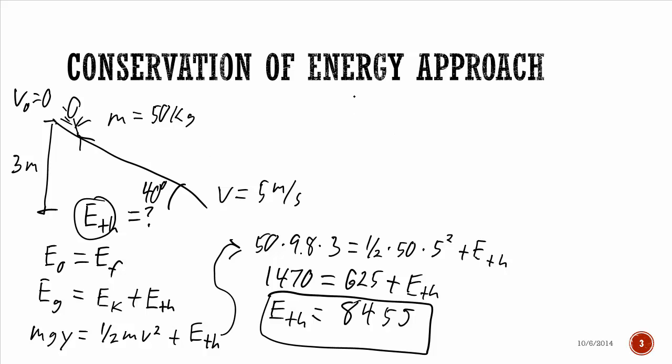So I want to find the friction force now as that child went down. Well, if this is the amount of thermal energy created, I can set my friction force times my distance equal to the negative of that thermal energy from the equation we just saw on the last page.